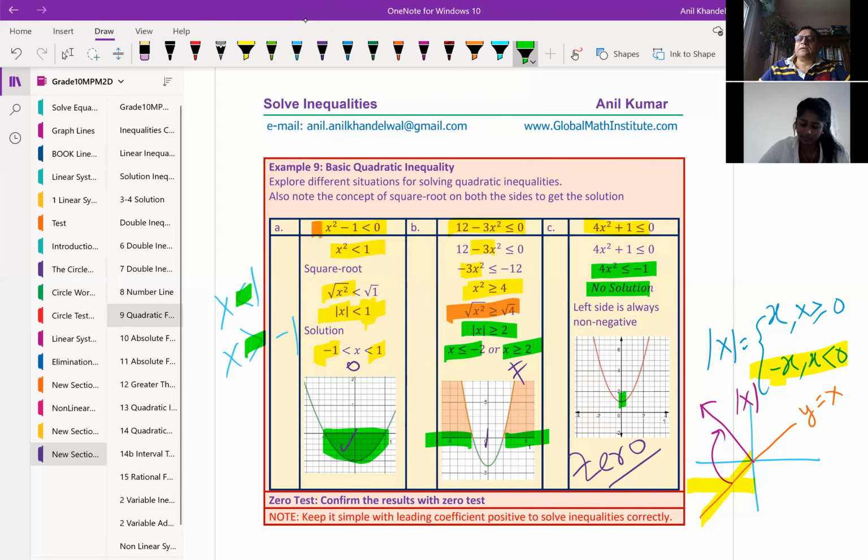So in a quadratic inequality, I should say, there are 3 scenarios. You may get no solution, you may also get 1 solution or 2 solutions, okay? But remember, when we are talking about inequalities, it's a good point we are stumbling upon now. I should have told you earlier also. Whenever we are writing the solution of an inequality, it is not a point, it is a region, an area.